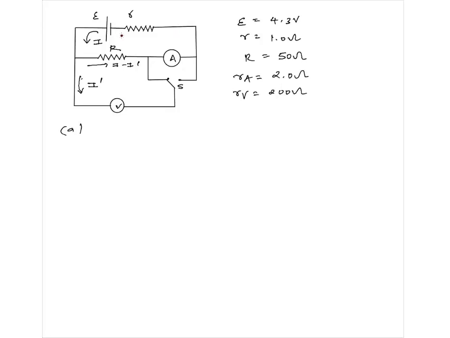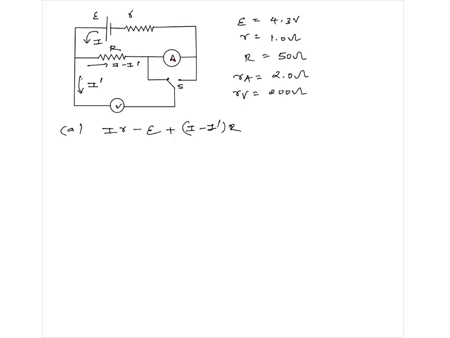Current is like this. That means this should be positive. Plus Ir. Then we reach negative. That means minus E. Then current is in this direction, meaning this should be positive. Plus I minus I dash R.